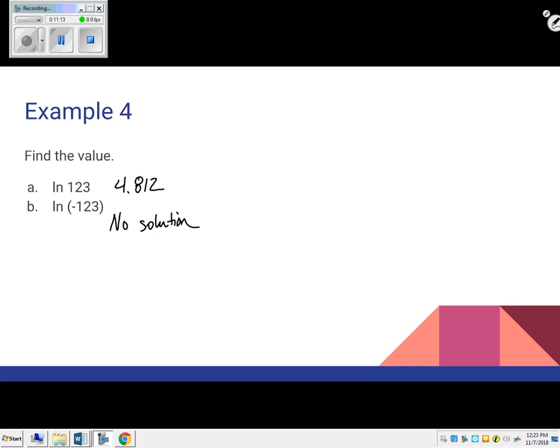Hopefully you got 4.812 for the natural log of 123. And something weird happened on this. I typed in natural log of negative 123, and I got a no solution on there. Probably said domain error on your screen. So we have some domain issues that are going to come up with the natural log. We'll save that for a later video and not today.